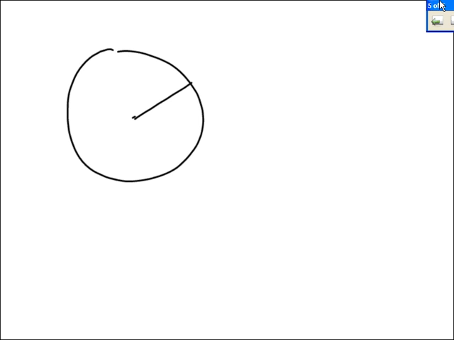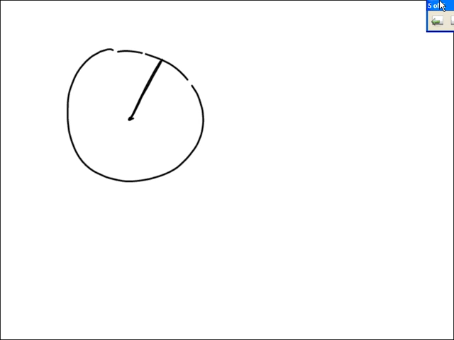Now, you have a minor arc and you have the major arc. For example, there's a birthday cake in front of you. Initially, it's not cut at all. And the host, right in front of you, cuts it like this.